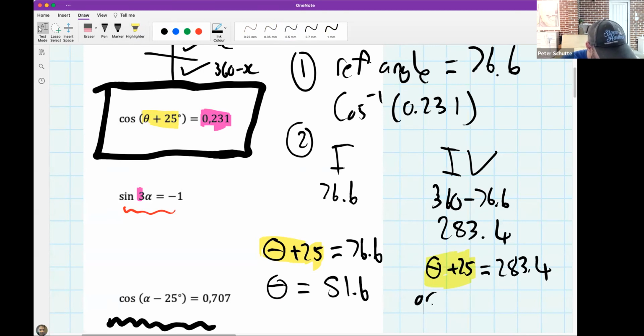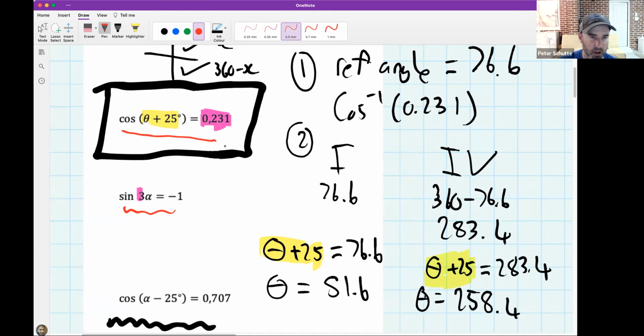Or on the other side, 283.4 minus 25, and I get 258.4. If I wanted a general solution, I would just add on k times 360. But in this type of question, there's been no period change. There's just been a horizontal shift.